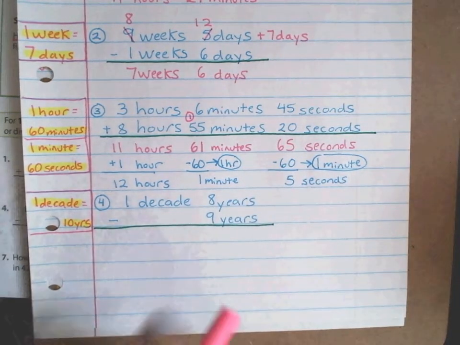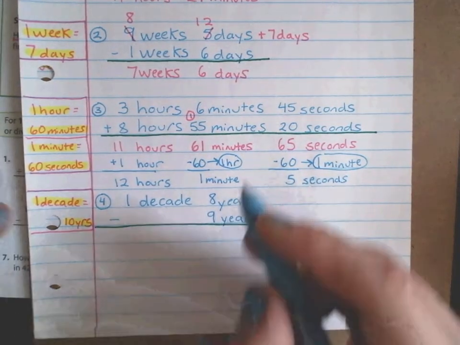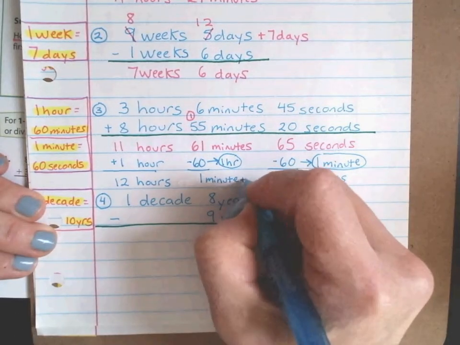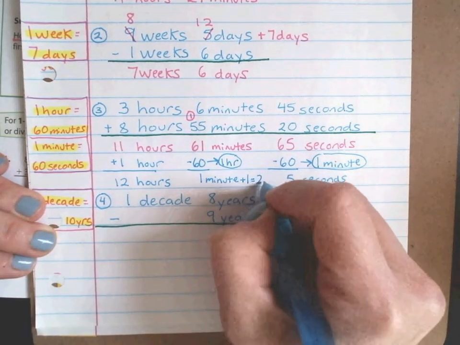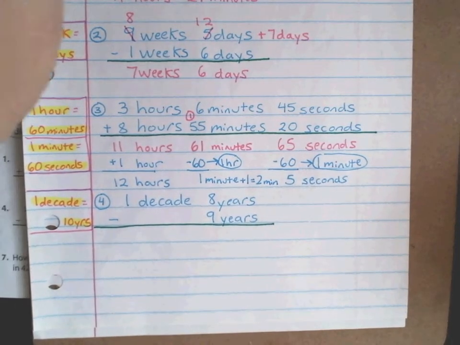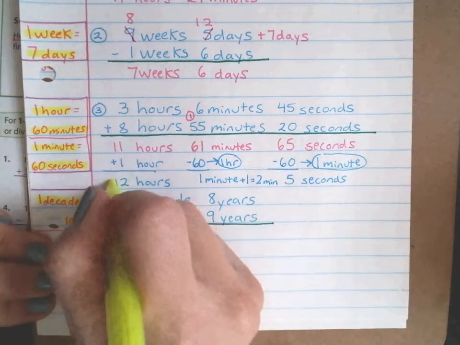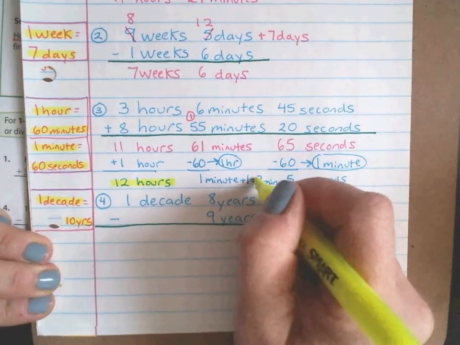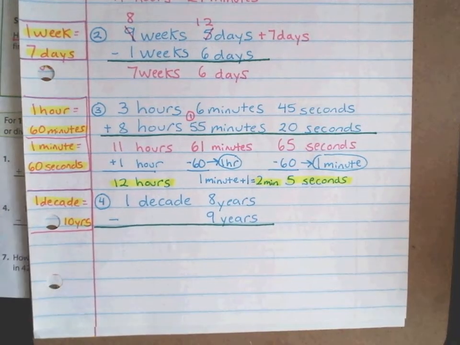So I should have moved this down 1 line, but 1 minute plus another 1 minute would give me a total of 2 minutes. So my final answer here would be 12 hours, 2 minutes, and 5 seconds.